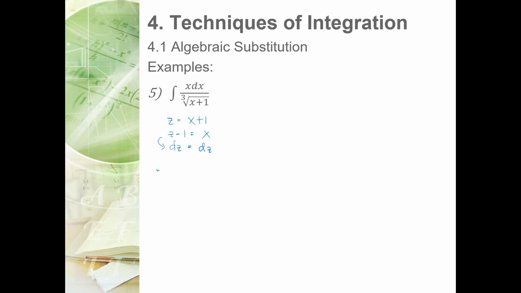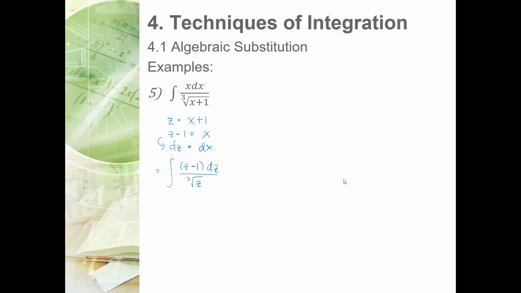Replacing in the equation, that's z minus 1 from the x variable in the numerator, dz, all over the cube root of x plus 1. So this one becomes the cube root of z. Let's say this is the final format.